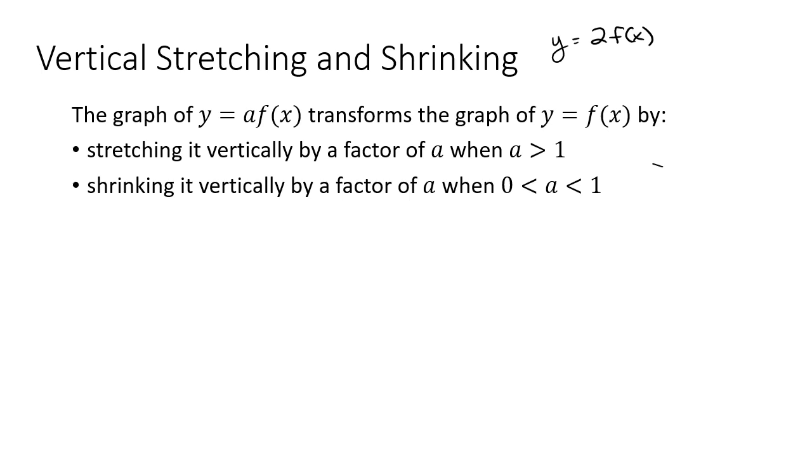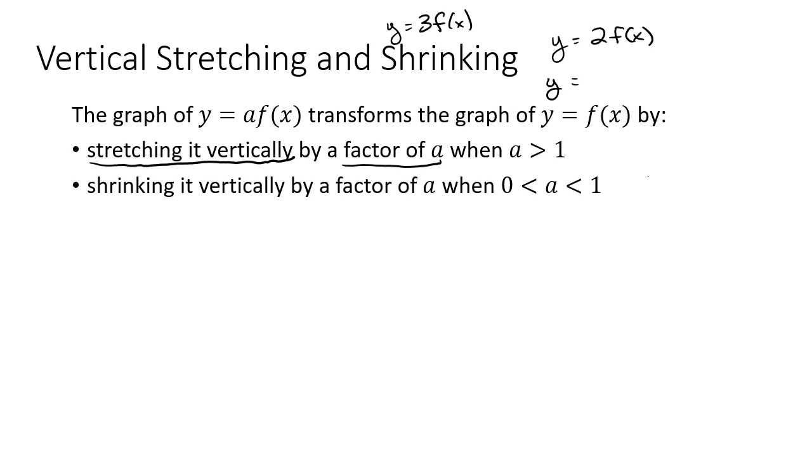And so in that case, we would say that your graph would be stretched vertically by a factor of 2, by a factor of a, whatever the number out front is. Everything gets twice as tall. On the other hand, and this, by the way, would happen anytime your a is greater than 1. So if you had y is equal to 3f of x, everything gets 3 times as tall. We would say that the graph is stretched vertically by a factor of 3.